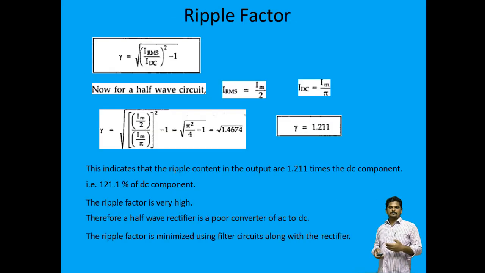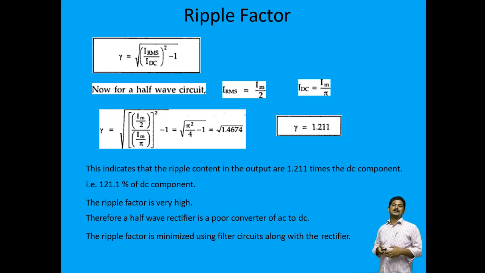And if you calculate the ripple factor of the half wave rectifier, the value will be 1.211. When we substitute the values of RMS current and IDC in the formula of ripple factor, we get gamma equal to 1.21.